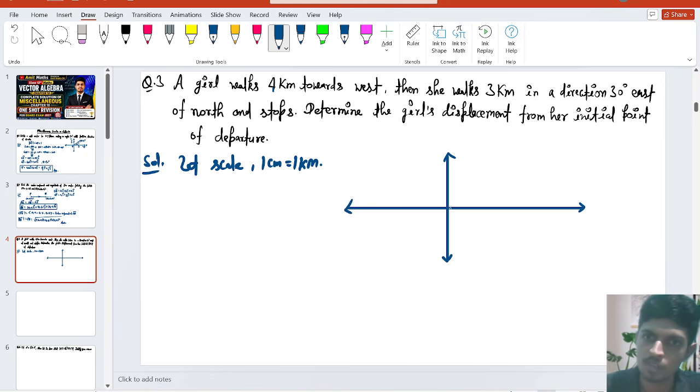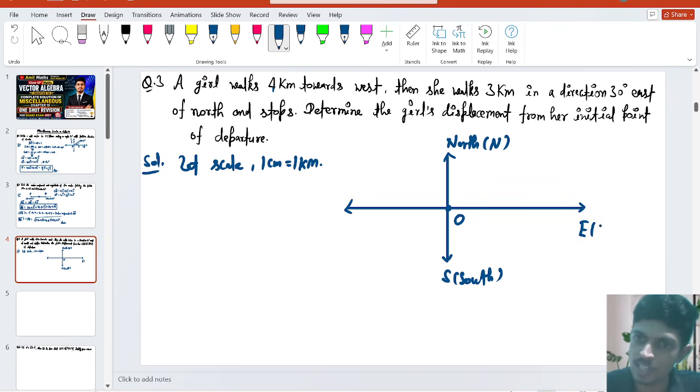Suppose this is the origin. This is the north direction, this is the south direction, this is east, and this is west.